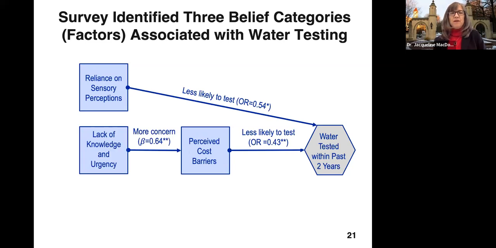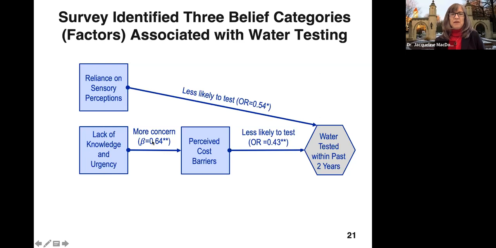The other thing that we found that was interesting was that concerns about cost mediated the effects of lack of knowledge. So in other words, the less people knew about how to get a water test, and the less they sensed that it was really an important thing to do, the more worried they were about costs.